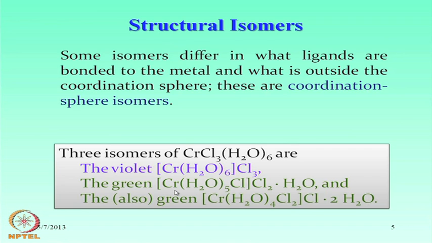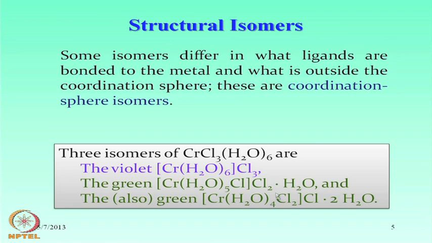But in the second case, we see that one of the water molecules is going out from the coordinate sphere, going from inside to outside, and it is crystallizing as water of crystallization for the crystalline material, and one chloride anion is therefore going inside the coordinate sphere and binding to the chromium center.